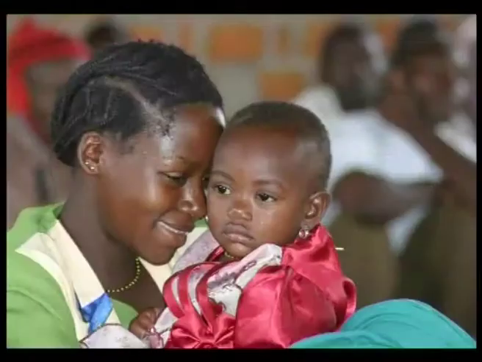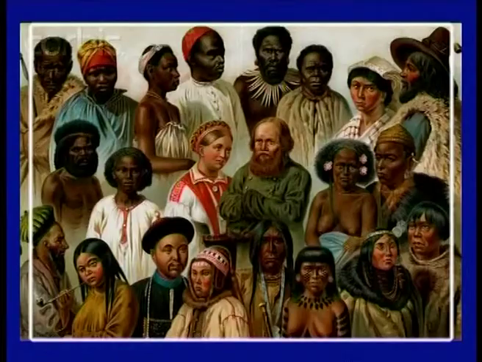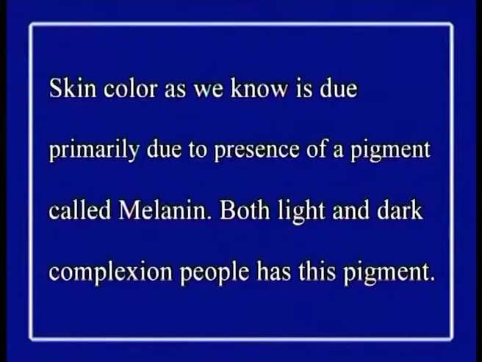Now we have already seen skin color is perhaps one that differentiates human races, and this is essentially a cultural and environmental factor influencing the variation. Skin color, as you know, is due primarily to the presence of a pigment called melanin.